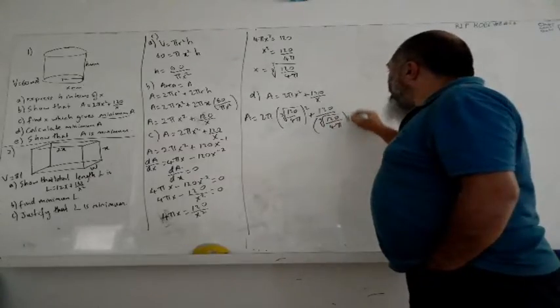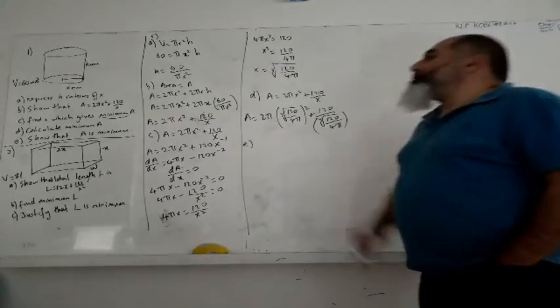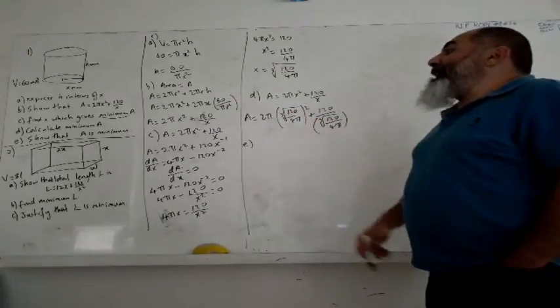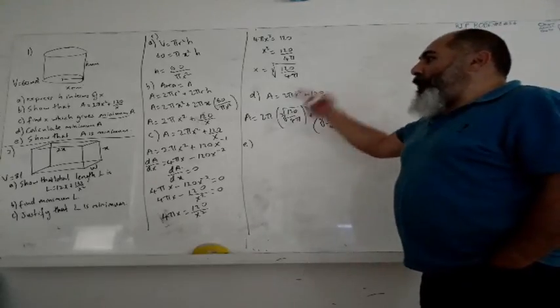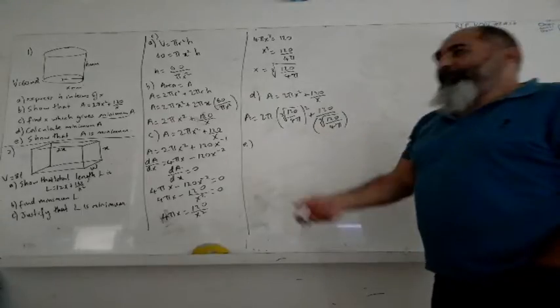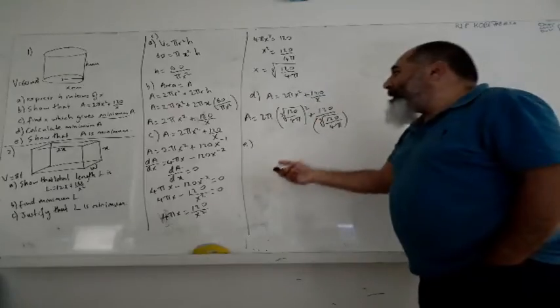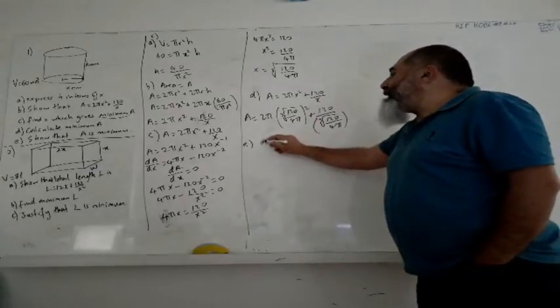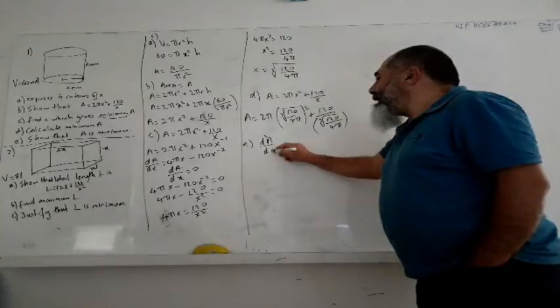When it says show that A is minimum, it means you have to justify. And how do we justify that it is minimum? We have to take the second derivative. What was the first derivative?